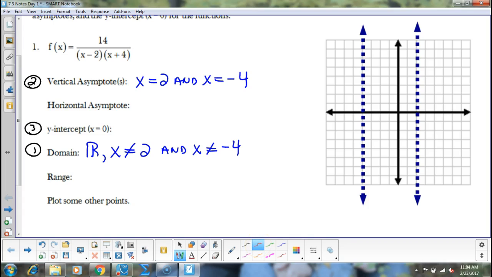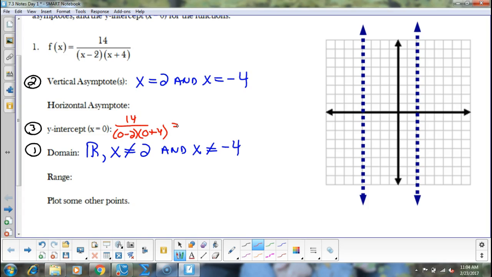Okay, so that's going to be 14 over 0 minus 2 times 0 plus 4. Okay, so 0 minus 2 is negative 2. 0 plus 4 is 4.